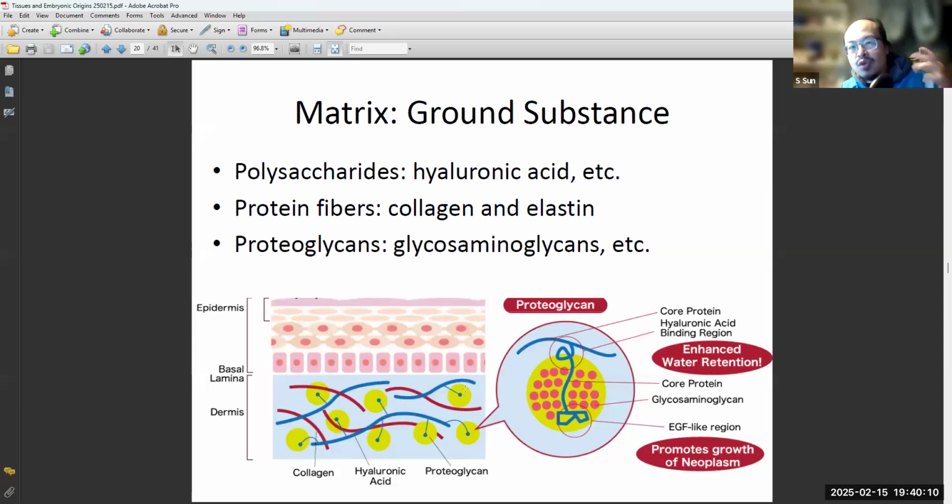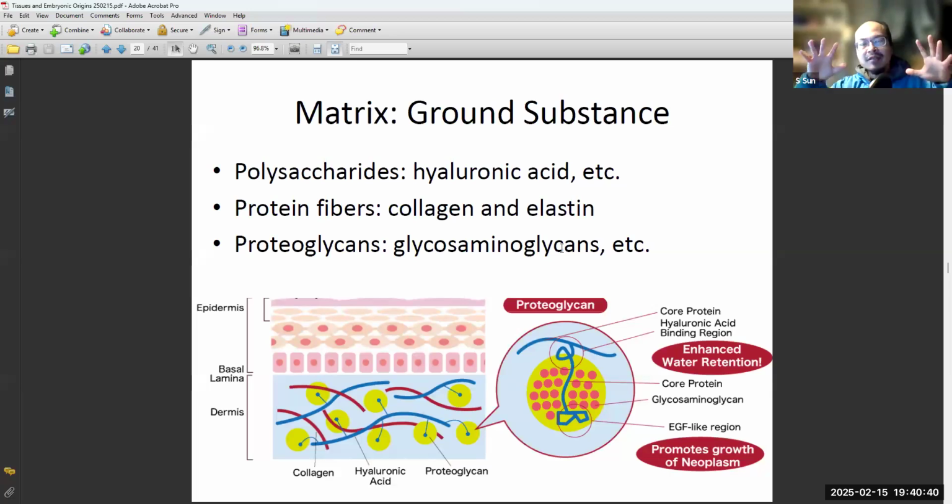So the matrix includes two major categories of large molecules, protein and carbohydrates. For protein, we have collagen and elastin. For carbohydrates, we have polysaccharides.